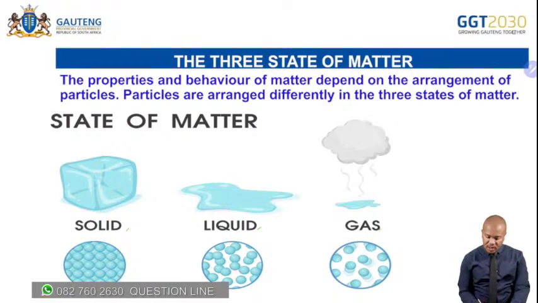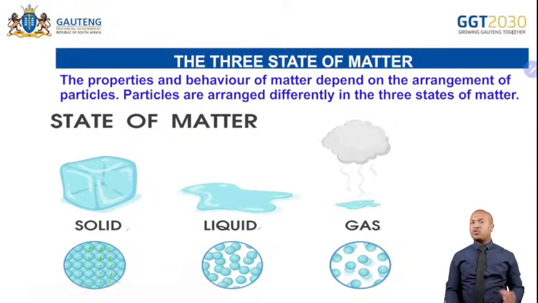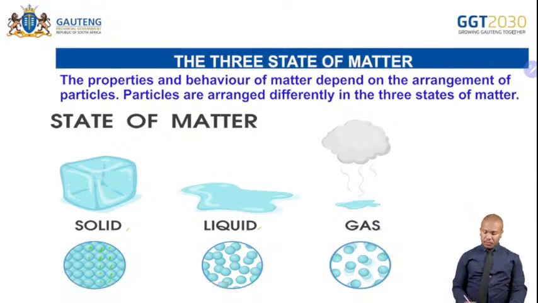So let's look at the solids. Looking at the particles here, how are they? They are tightly packed, next to each other. They leave minimum space or no space at all. Looking at liquids, the arrangement is different from the one of solids.